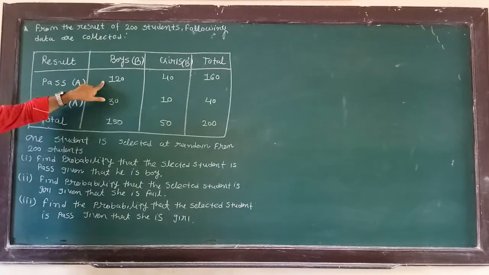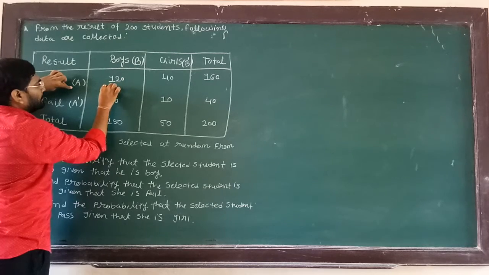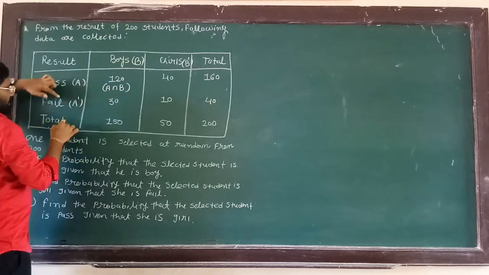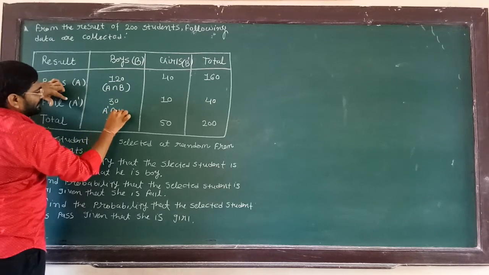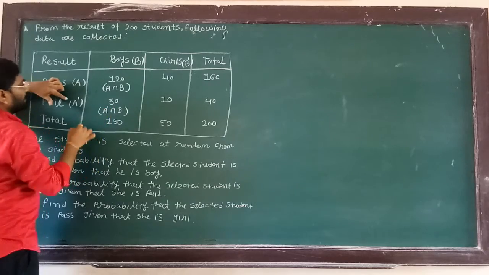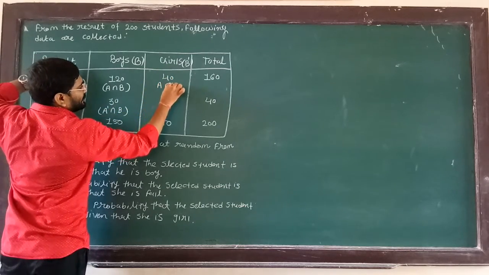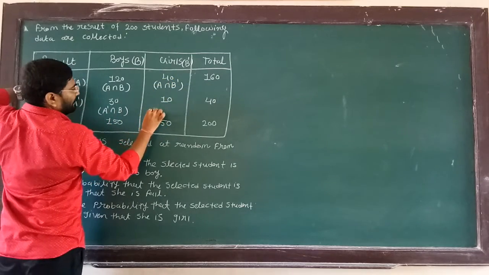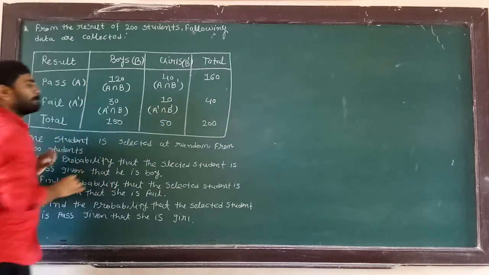Now in the inner side, A and B both are merged, so here A intersection B. Fail and boy, A dash intersection B. Same as here in girl, A intersection B dash, and A dash intersection B dash.